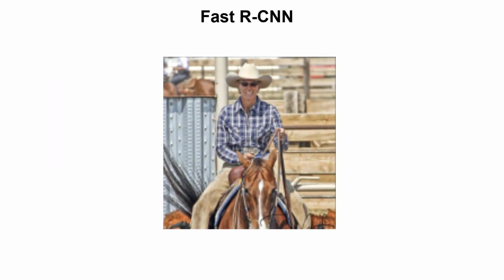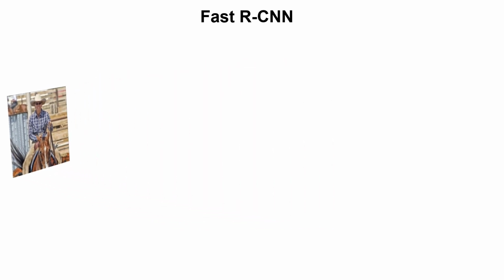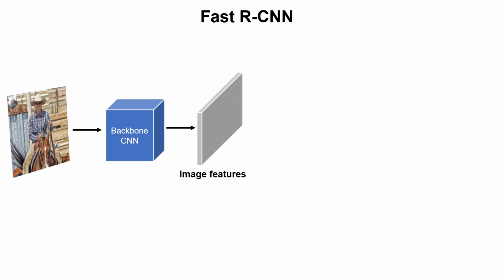So now let's see how fast RCNN works. We have an input image, we pass it through a CNN module called Backbone CNN, which is responsible for extracting every feature that exists in the image. It produces image features. We run the selective search and it generates region proposals on these image features.